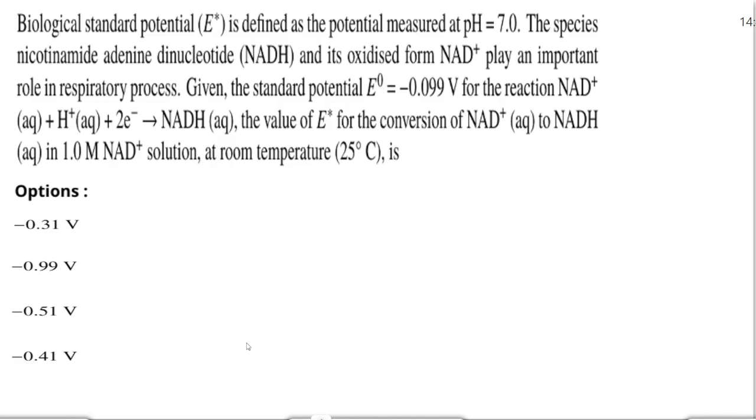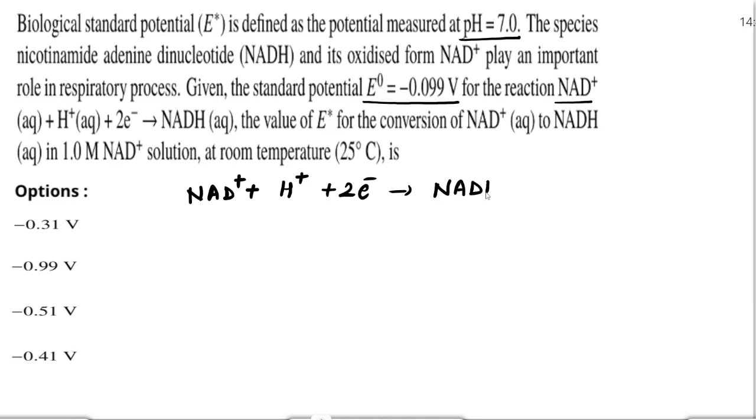Biological standard E naught is defined as the potential measured at pH 7. The species nicotinamide adenine dinucleotide and its oxidized form NAD positive play an important role in respiratory process. Given standard potential E naught value is given to you for NAD plus, for this reaction NAD plus plus H plus plus 2 electron to give NADH.